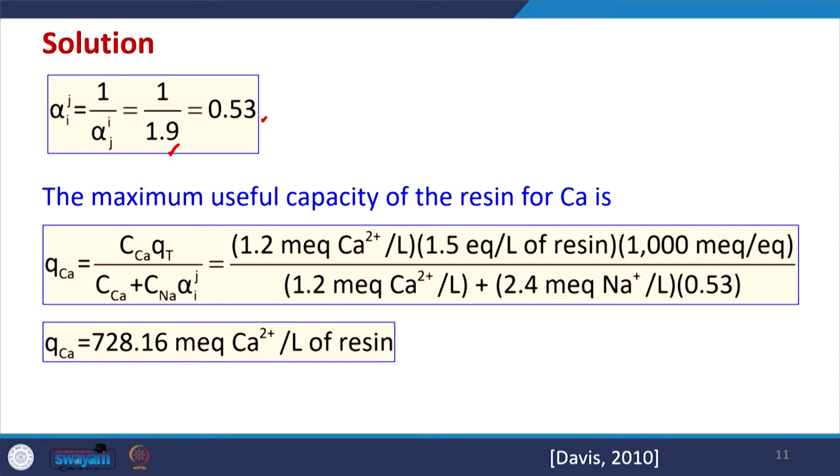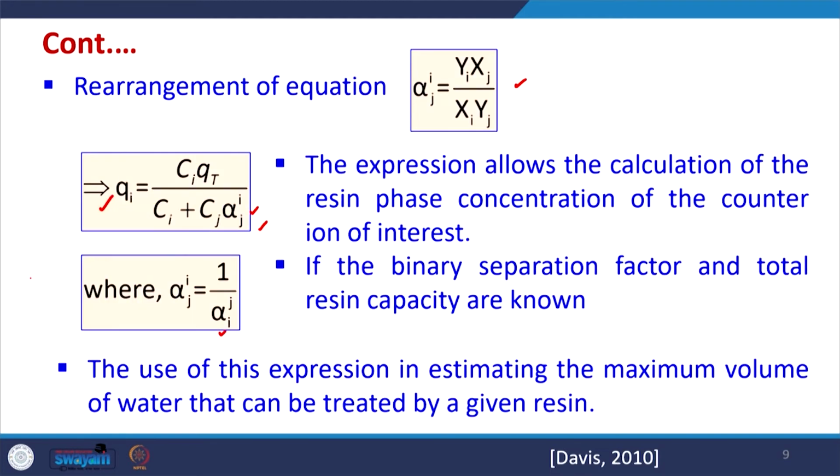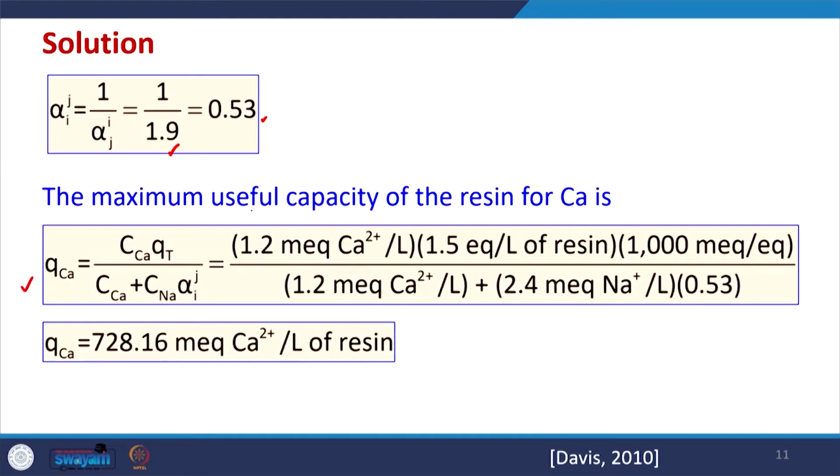Now, the maximum useful capacity of the resin for calcium can be calculated via this expression, which was given earlier. We have written this expression with respect to calcium. Here the concentration of sodium and the alpha j i value will come.